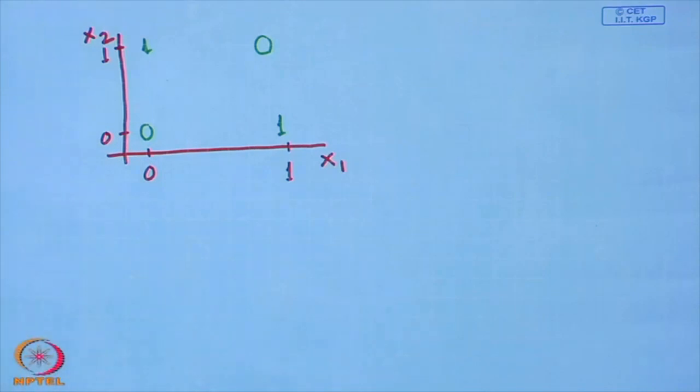These are the outputs of an XOR function. What I will do is use a radial basis function to nonlinearly transform these feature vectors into another space, and the radial basis function that I will use is a Gaussian basis function.